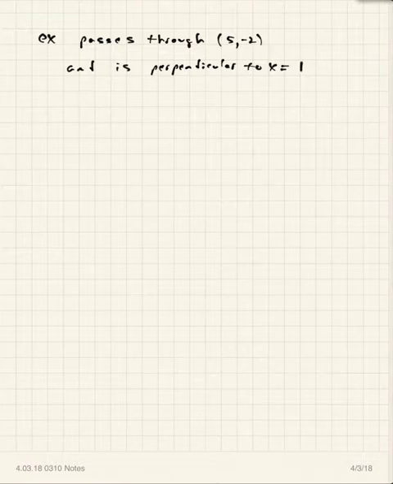All right, so let's see if we can just walk ourselves through this. Instead of drawing this out, we could walk ourselves through it. Our known line, the line we do know the equation for, is x equals 1.